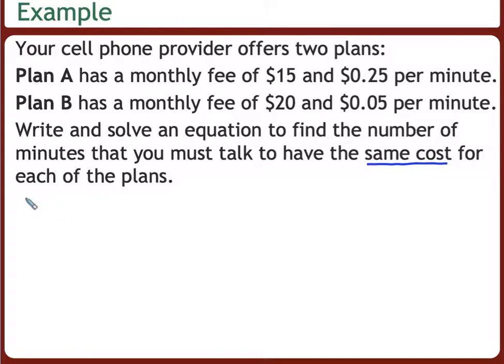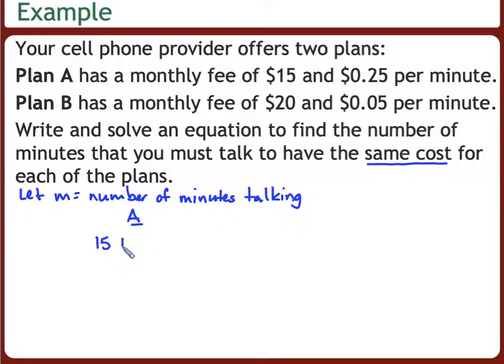So let's go ahead and let m equal the number of minutes talking, let's say. Alright, so plan A says that we are going to pay $15 no matter if we talk no minutes or a million minutes.